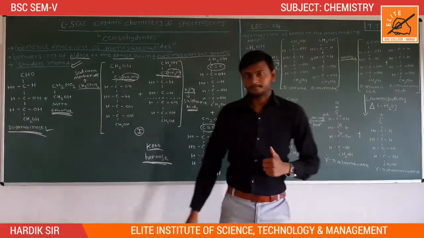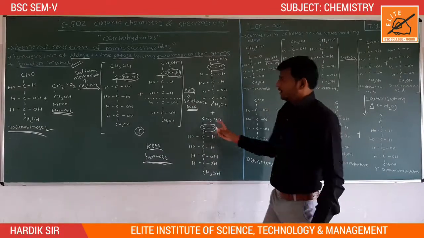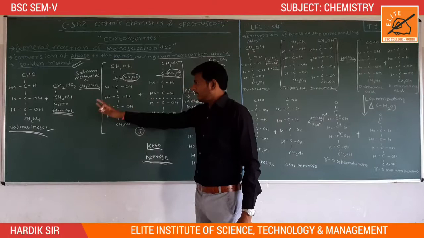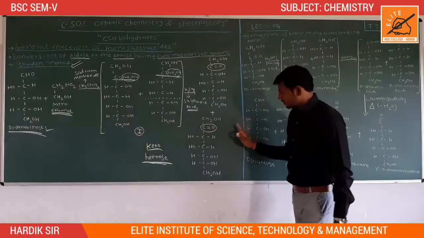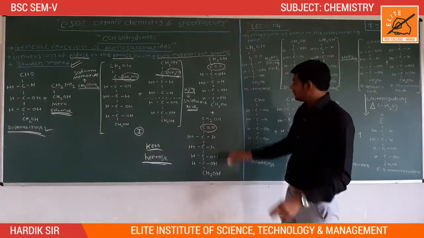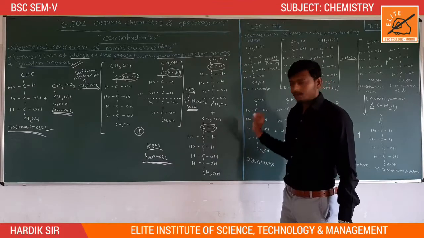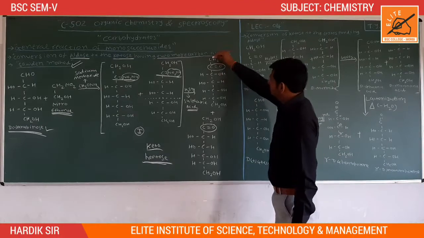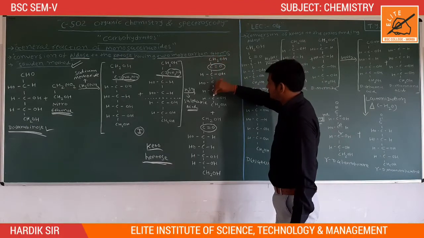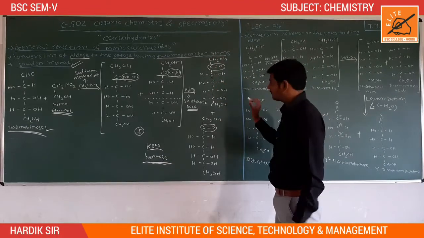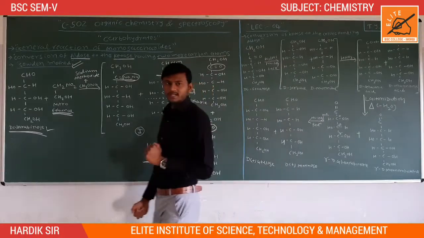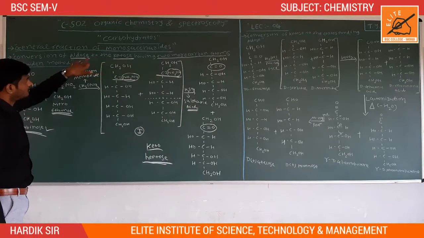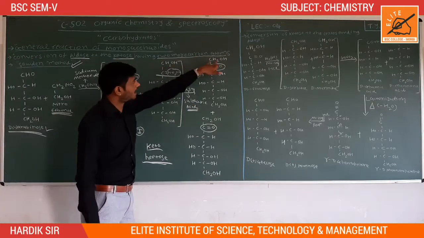Because D-arabinose is the 5 carbon product, our final product ketoheptose is a 7 carbon compound, a 7 carbon molecule: 1, 2, 3, 4, 5, 6 and 7. So aldose to the ketose having 2 more carbon atoms.